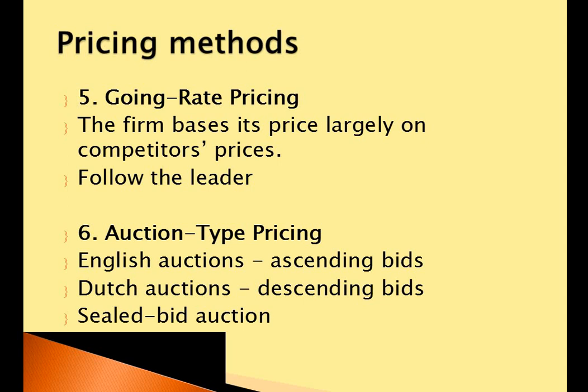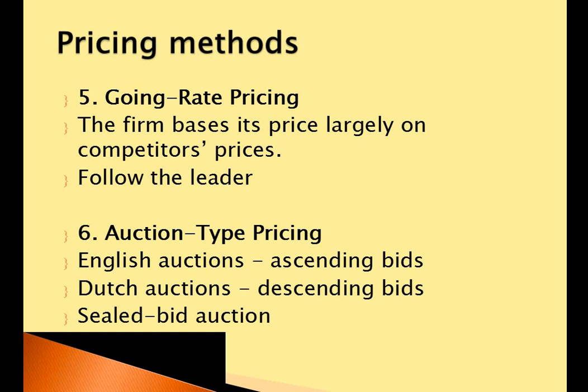The fifth method is the going rate pricing, wherein the firm bases its price largely on the competitors' prices. They keenly monitor the prices of the competitor and fix their price below the competitor's price, so that they will make the customer follow the prices of the company.